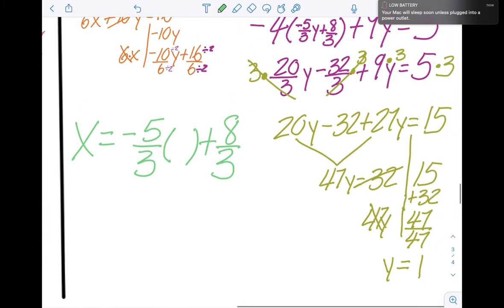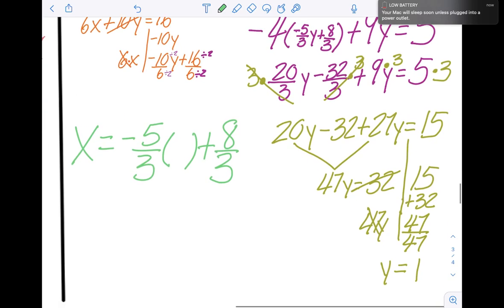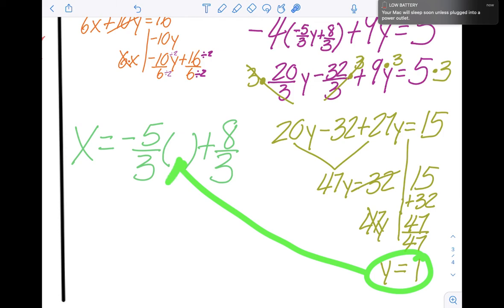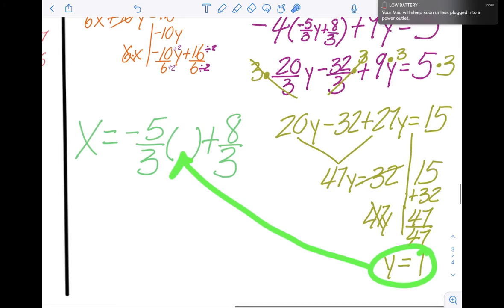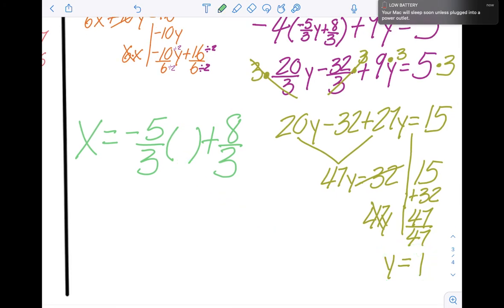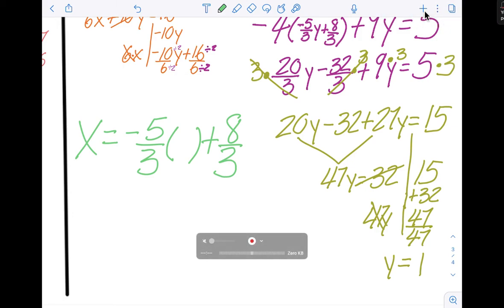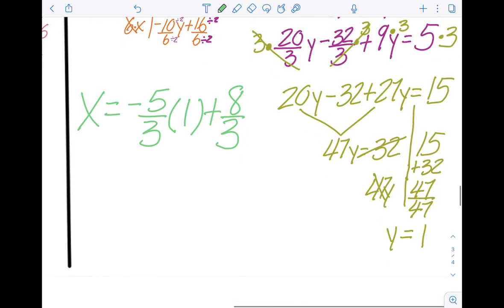But I know what goes in there for y because I solved for y. y is equal to 1, so 1 is going to go right in there. So let's get this out of the way here. Almost done. So this is a 1 that goes here. So negative 5 over 3 times 1 is negative 5 over 3 plus 8 over 3.